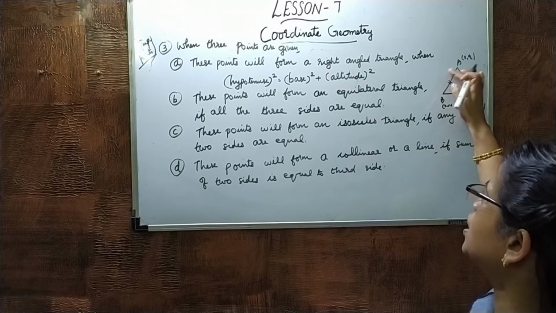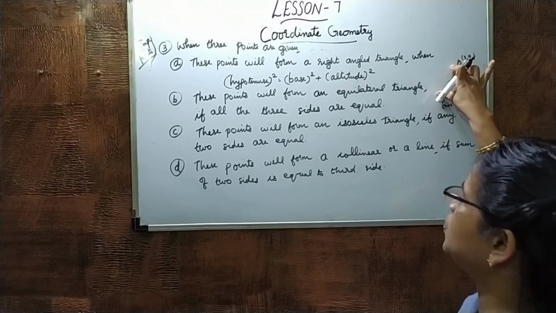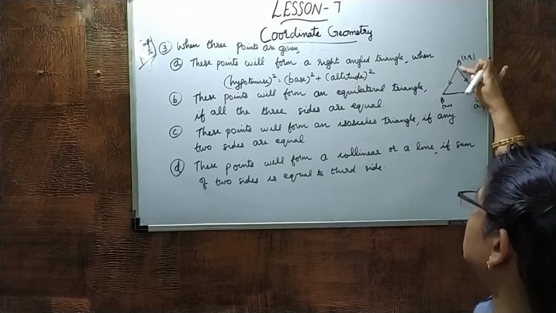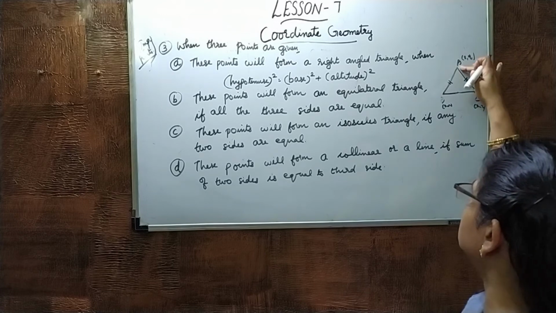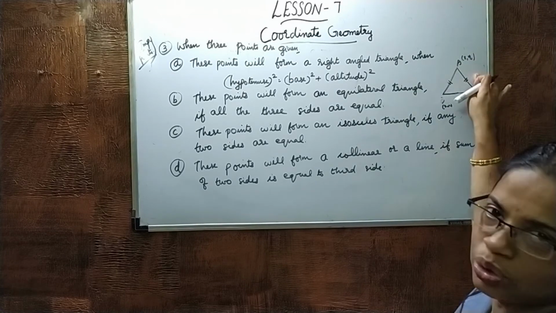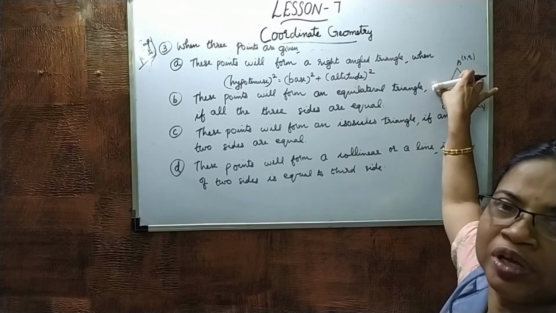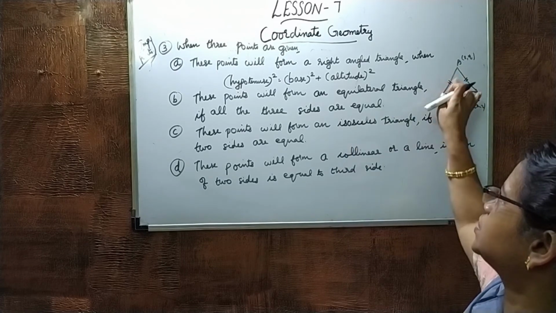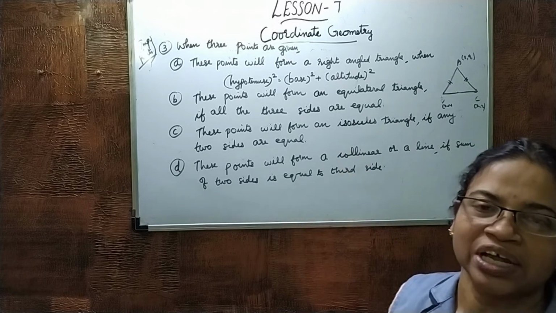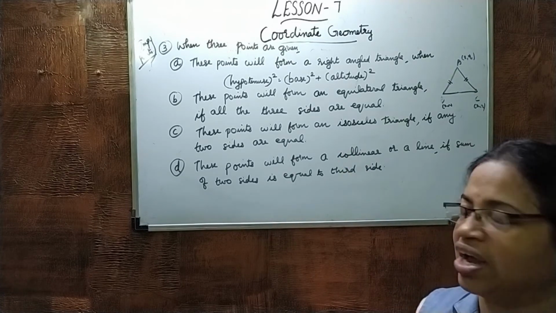Use the distance formula to find the side AB, meaning the distance between A and B. Then find the distance between A and C using the distance formula. If both answers are the same, we can say these 3 points make an isosceles triangle.